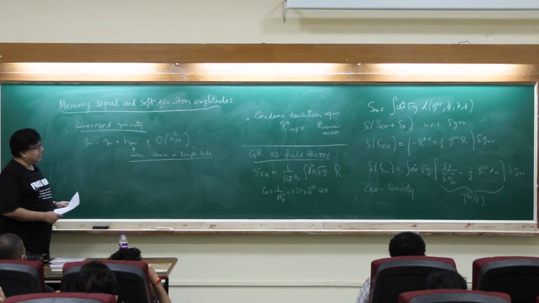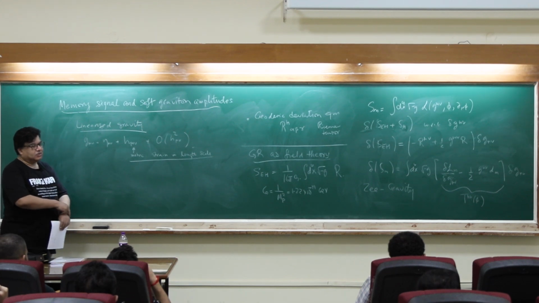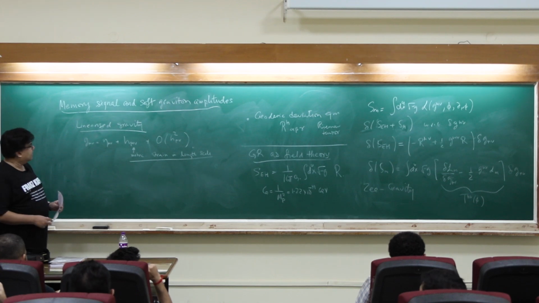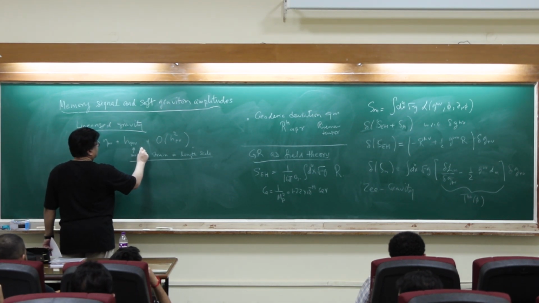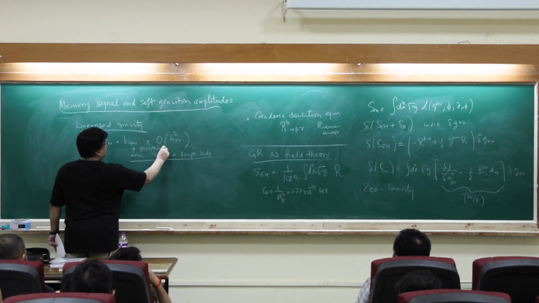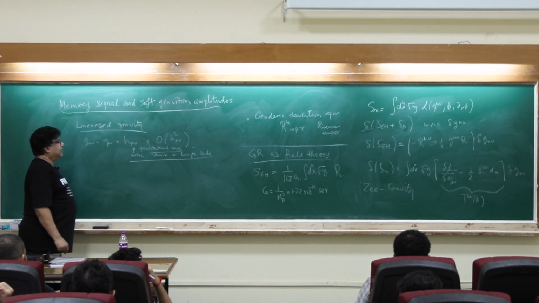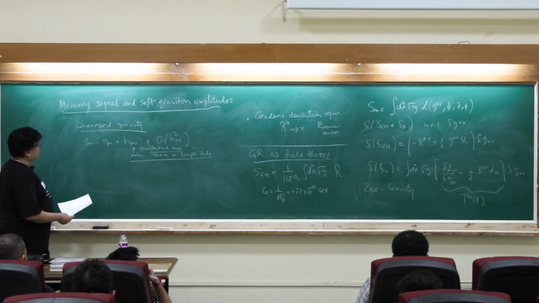But if you want to write a field theory, then you treat it like a quantum field. So we are talking about emission and absorption and so on. Then this is the gravitational wave. So we want to measure the gravitational wave. This is the way you split it.